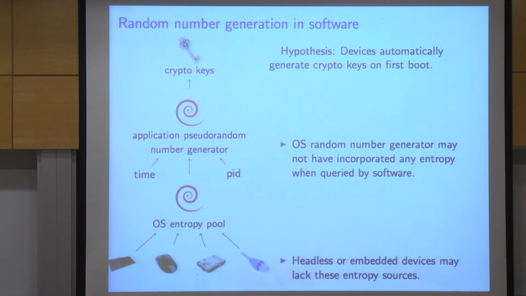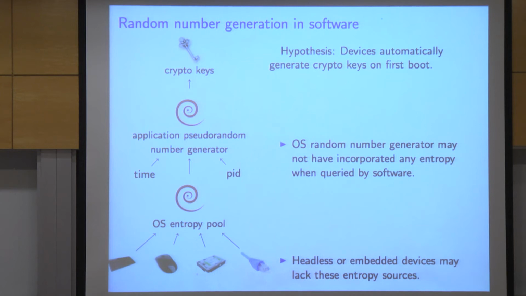And problem number two for these little devices is that even if they do have access to some entropy, the operating system might not have actually incorporated any of the entropy that it does have access to into its entropy pool when it's queried by the application software.